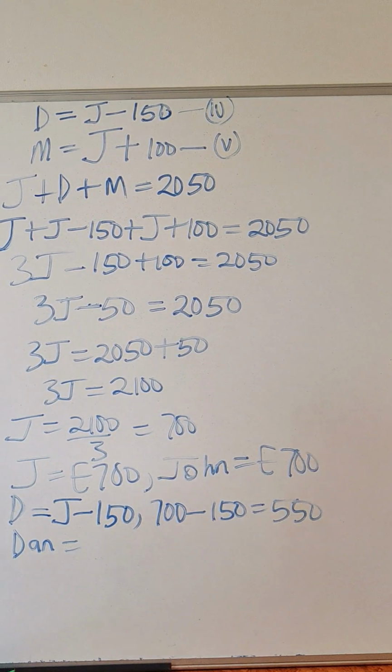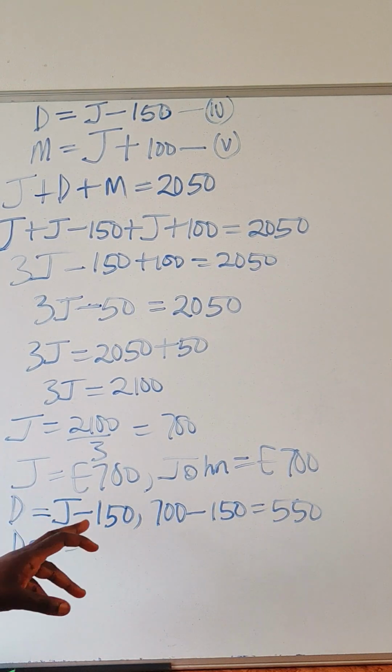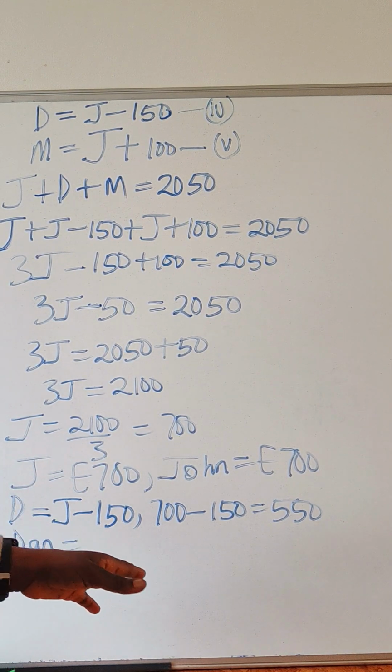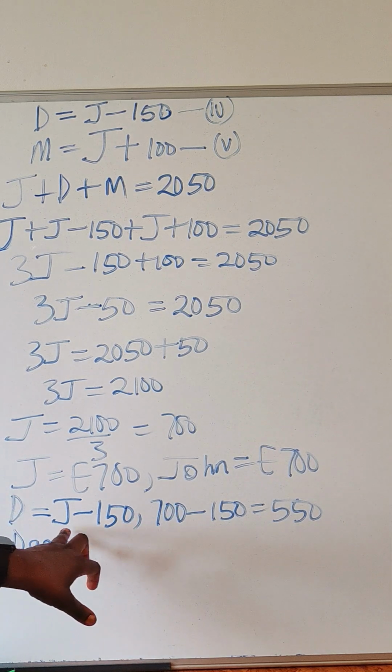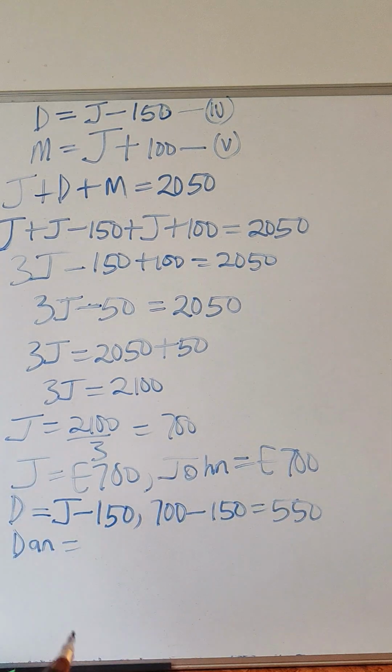What we have in equation 4 is D equals J minus 150, and John's earning is 700. So 700 minus 150 gives us £550.